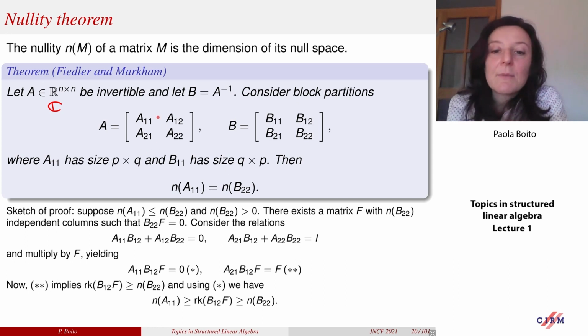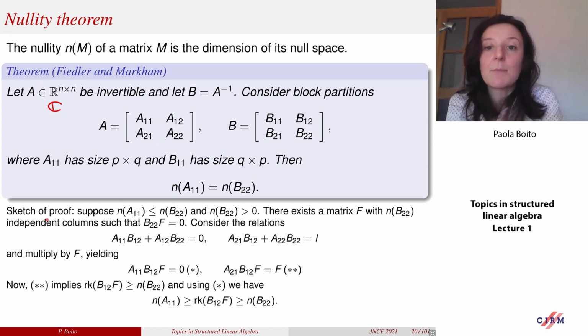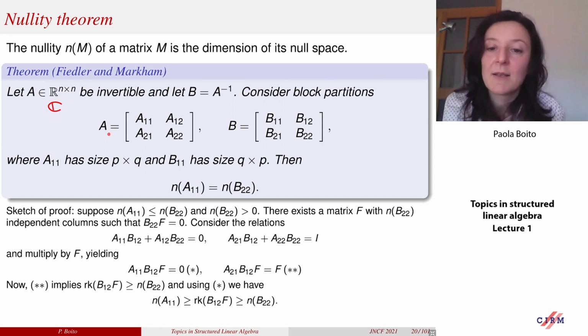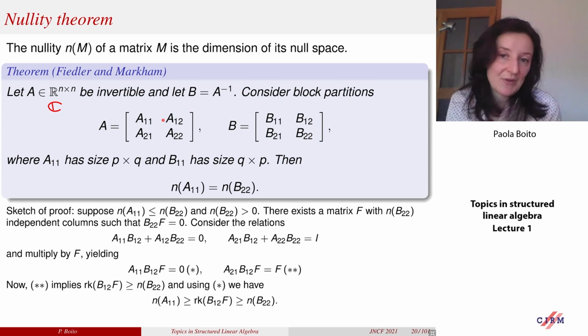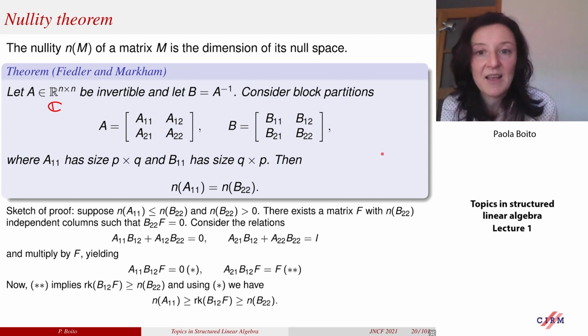Then let's consider block partitions of A and B like this. The block partition of A can be done as we want. In particular, A11 does not need to be square. It could be rectangular, okay? On the other hand, the partition of B must be the transpose of this partition, because we want to be able to multiply these matrices by blocks.